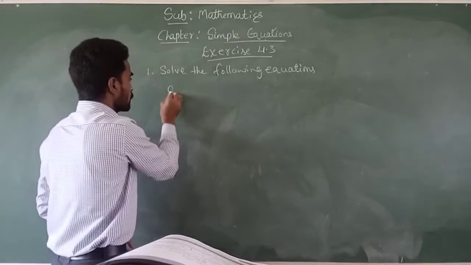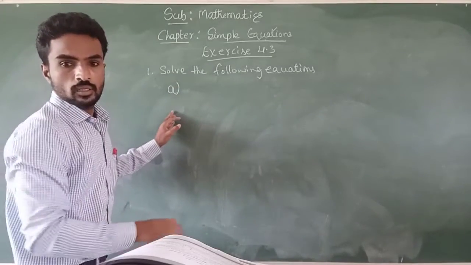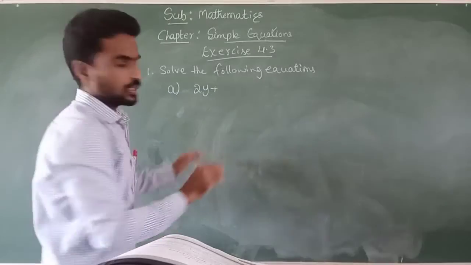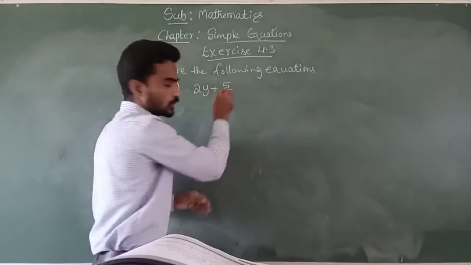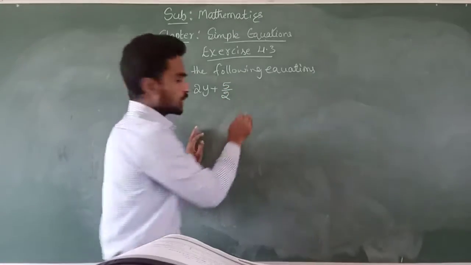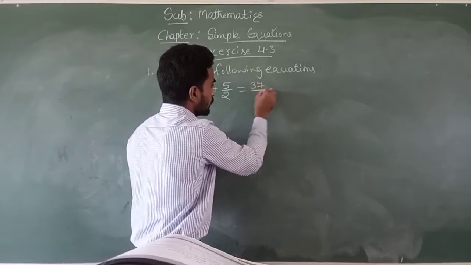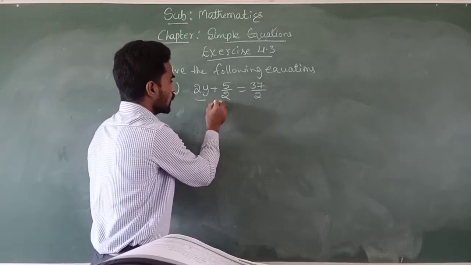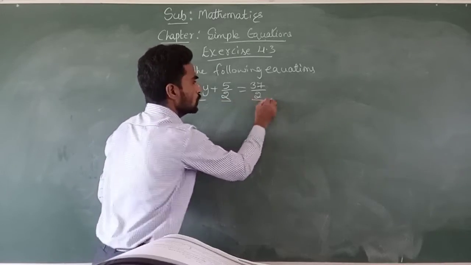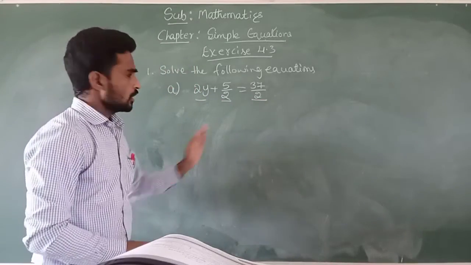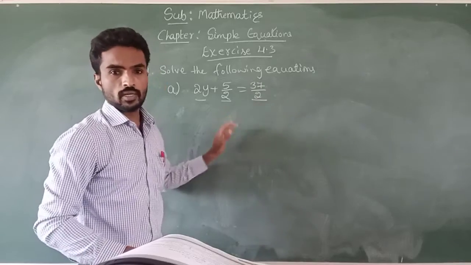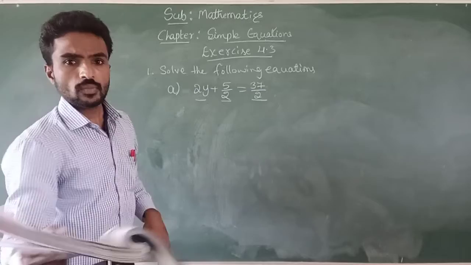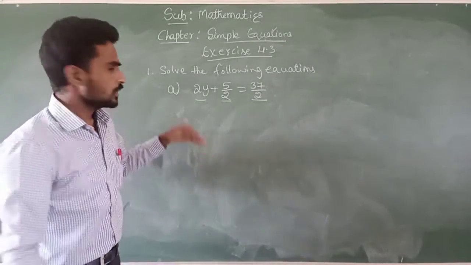In that, sub question A is 2y plus 5 by 2 is equal to 37 divided by 2. Here the equation given is 2y plus 5 by 2 is equal to 37 divided by 2. You can solve this equation by the transpose method or any method.